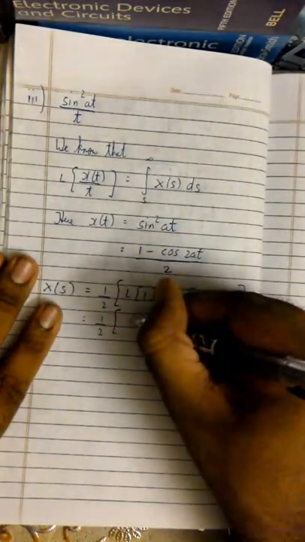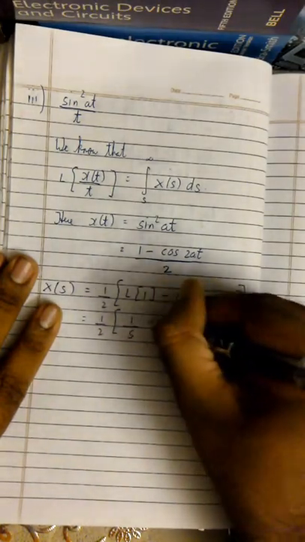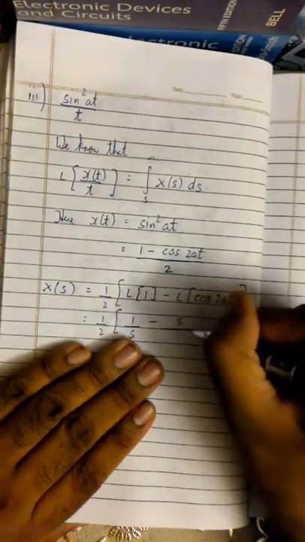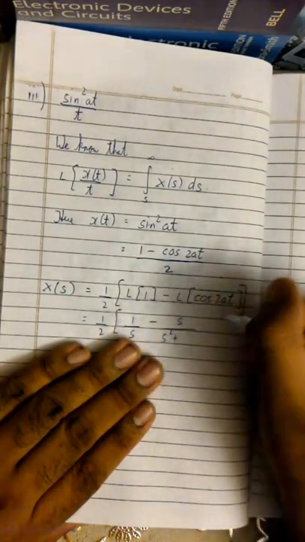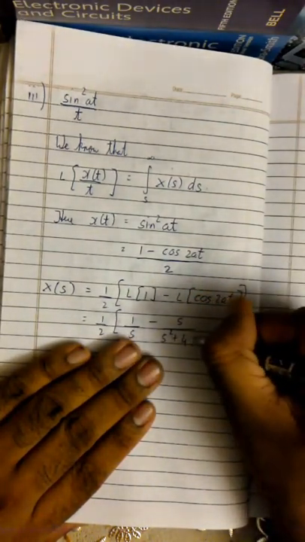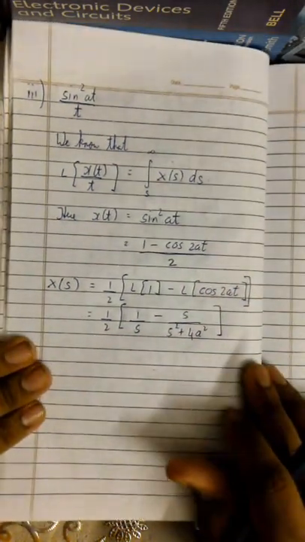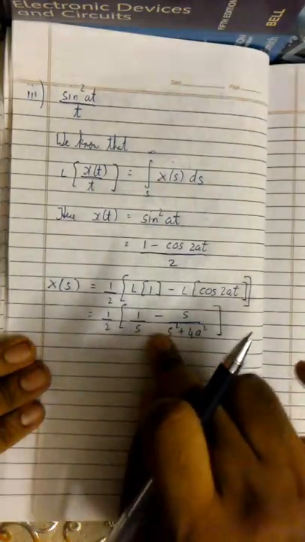The Laplace transform of 1 is 1/s, minus the Laplace transform of this, which is s/(s² + 4a²). Now I need to simply substitute this over here and find the integration, that's all.